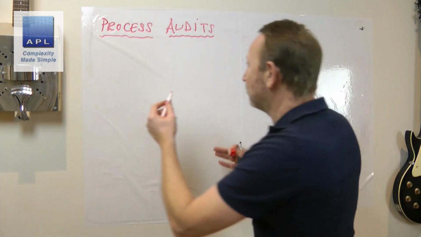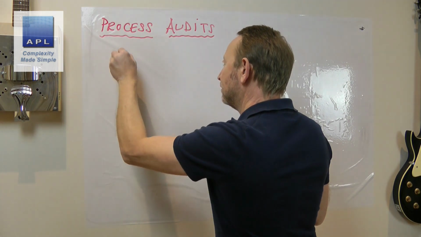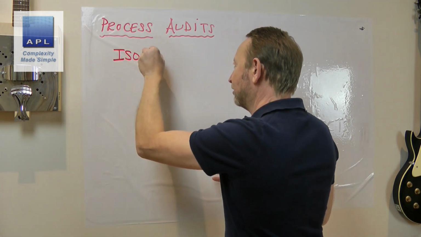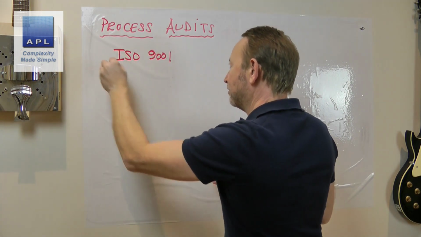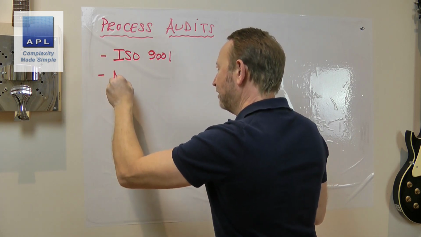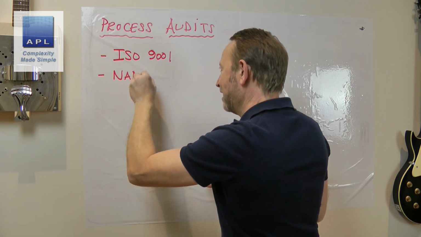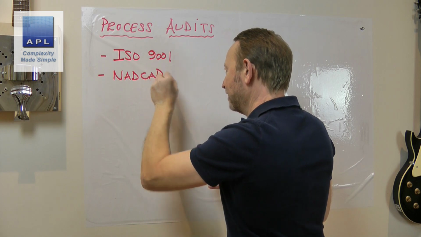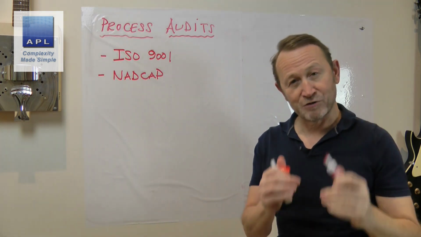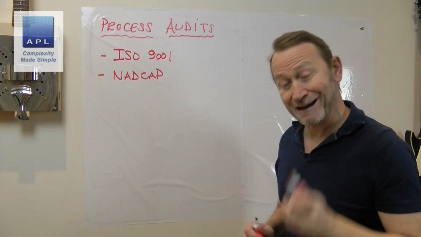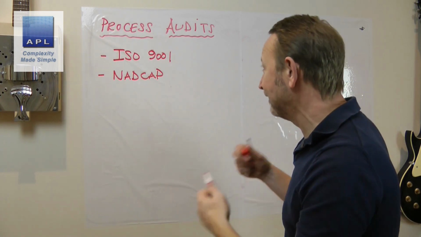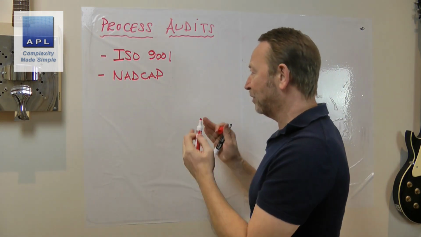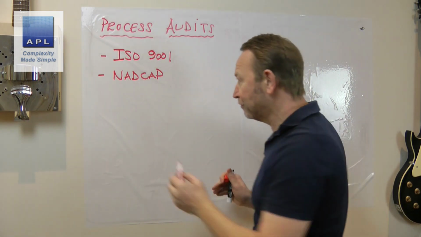Normally we're talking about things like ISO 9001 that you get audited in, and NADCAP, which is a particular quality standard for the aerospace industry. If you want to put things in aeroplanes and aerospace technology, normally people get NADCAP approved.